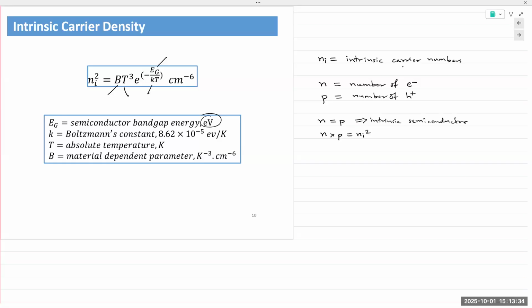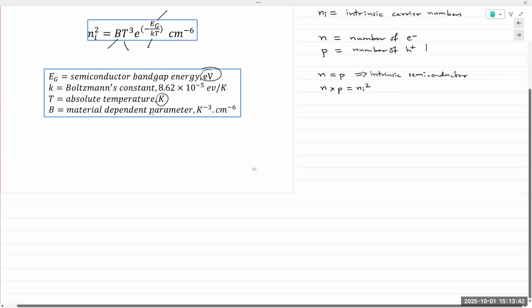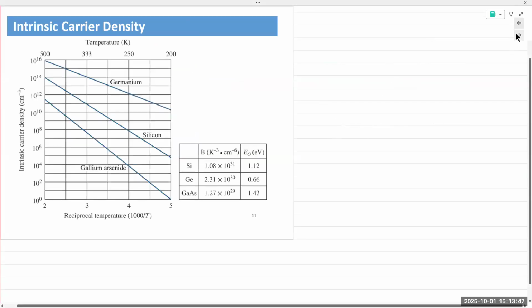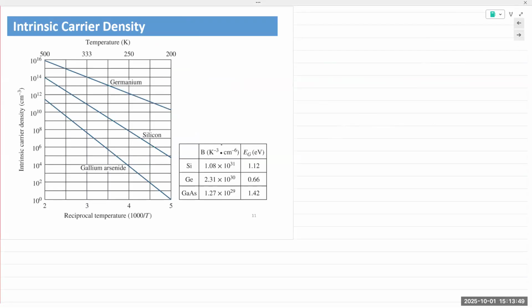T is the absolute temperature in Kelvin. And B is a material dependent parameter, which for silicon, germanium, and gallium arsenide is listed here, as well as the band gap energy.